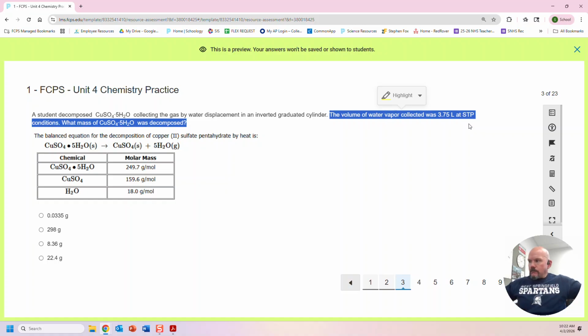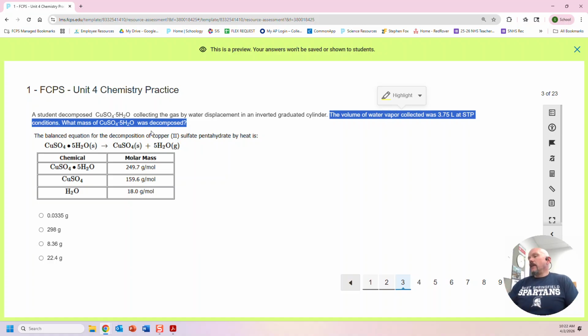But let's ignore that and just say if we had water gas at standard temperature and pressure, right? If we get that volume of gas at standard temperature and pressure, what are we looking for? What mass of this has decomposed? So it's basically the same question from before, but instead of 108 grams of water we're starting with 3.75 liters of water gas at standard temperature and pressure.